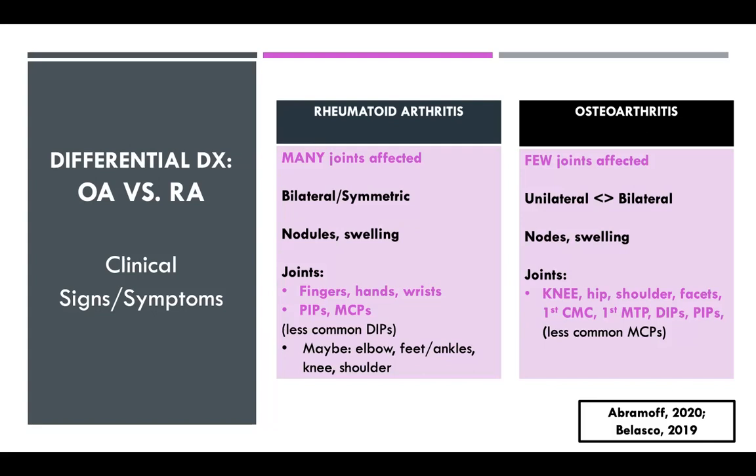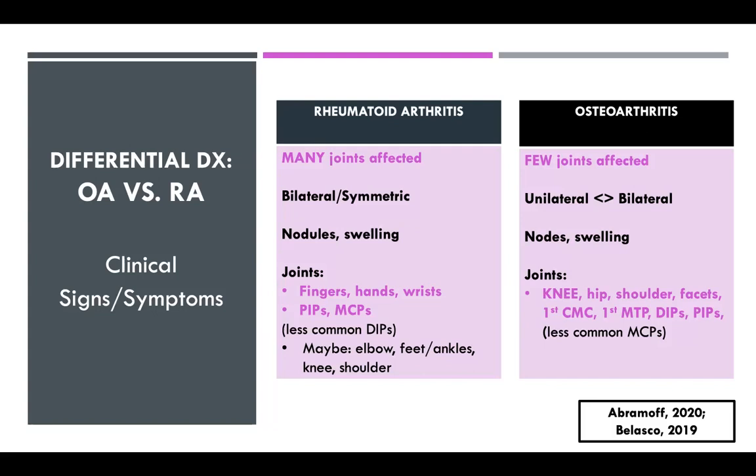And so what we often see with osteoarthritis, though not always the case, is that fewer joints are affected. It could be unilateral. It could be just one or two joints, versus rheumatoid arthritis is common multiple joints and multiple small joints. So joints of the fingers and hands are very common in rheumatoid arthritis, and specifically in the metacarpal phalangeal joints or MCP joints.